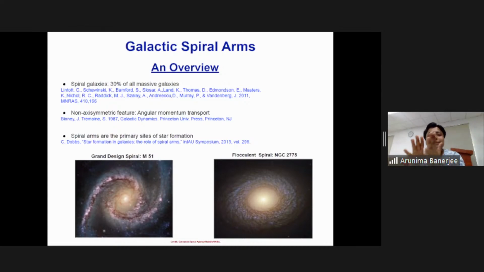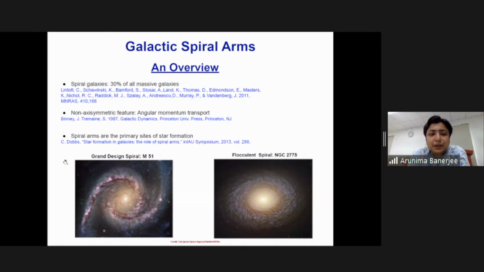Even if you had a circularly symmetric disk, like the galactic disk is normally taken to be, in a spherical dark matter halo, even then there won't be any angular momentum transport. You will have to have a quadrupole moment in the potential for angular momentum transport, and this non-axisymmetry is the very thing responsible for the presence of a quadrupole moment in the gravitational potential of the galaxy. Just a few technical terms if you are interested.